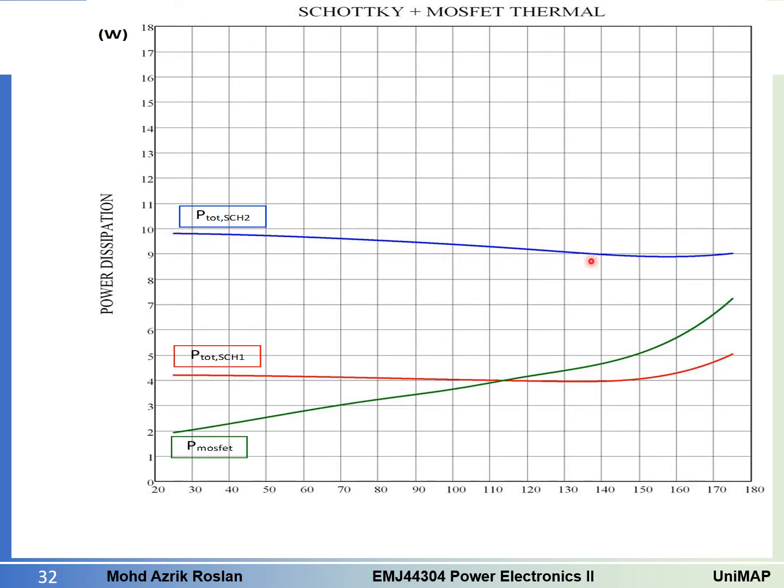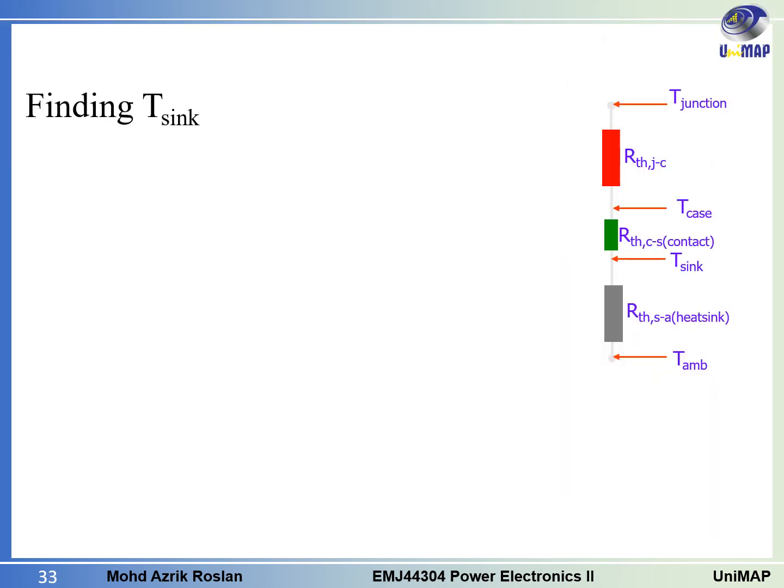This is the Schottky 2 curve, and it is already given that the junction temperature of Schottky 2 is 140 degrees C. So you can just draw a straight line here and mark this one. This is the power dissipation when Schottky 2 is operating at 140 degrees C. The power dissipation is 9 watt. Now the next step is to find the heat sink temperature.